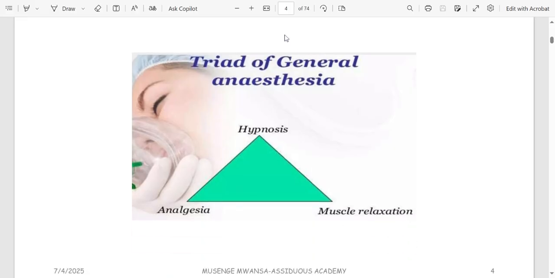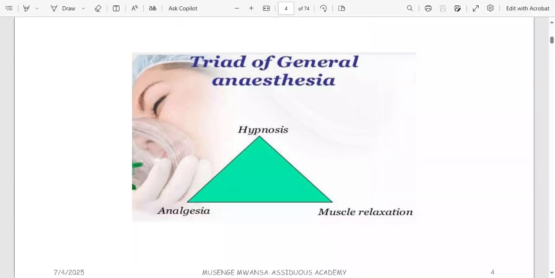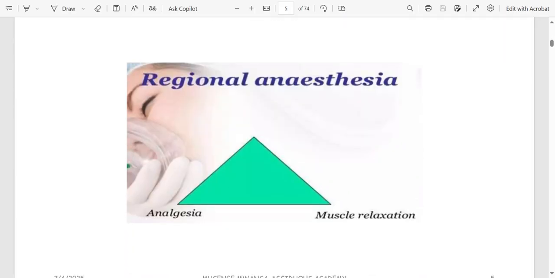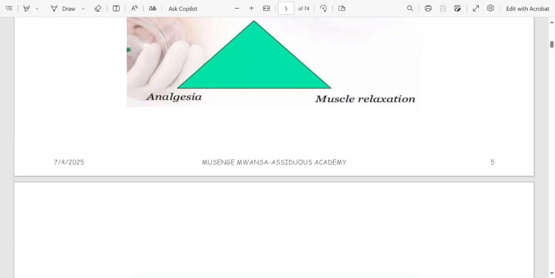Now, general anesthesia follows a triad that includes hypnosis, analgesia, and muscle relaxation. For regional anesthesia, there's only analgesia and muscle relaxation.